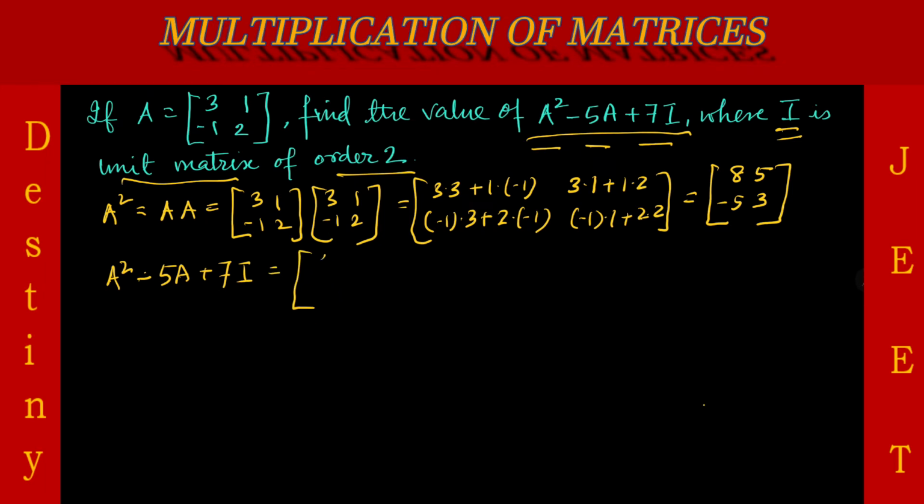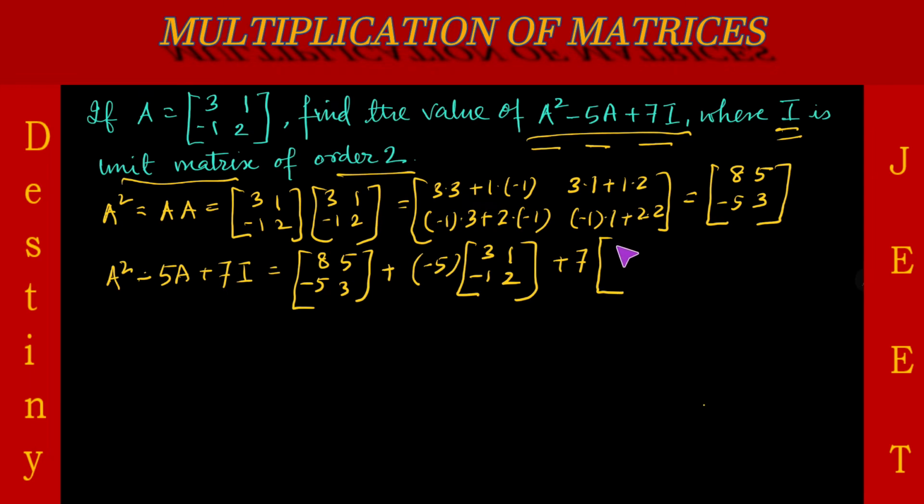We have got A square now: 8, 5, minus 5, 3 plus minus 5 into A, that is 3, 1, minus 1, 2, plus 7I. I is the unit matrix of order 2. This is the unit matrix of order 2. From here what do we get?